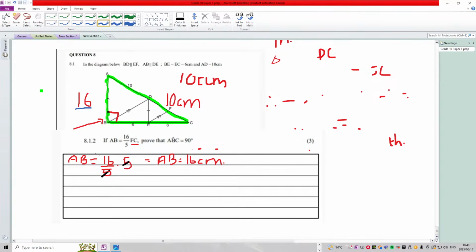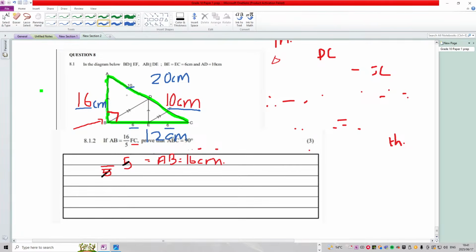If this is 90 degrees, AC would be my hypotenuse, and my hypotenuse would be this 10 over here plus that 10, which would be 20 centimeter, because AD is 10 and we found that DC is also 10. So my hypotenuse is 20. Then this side BC is 6 and the 6 over here, which is 12 centimeter.